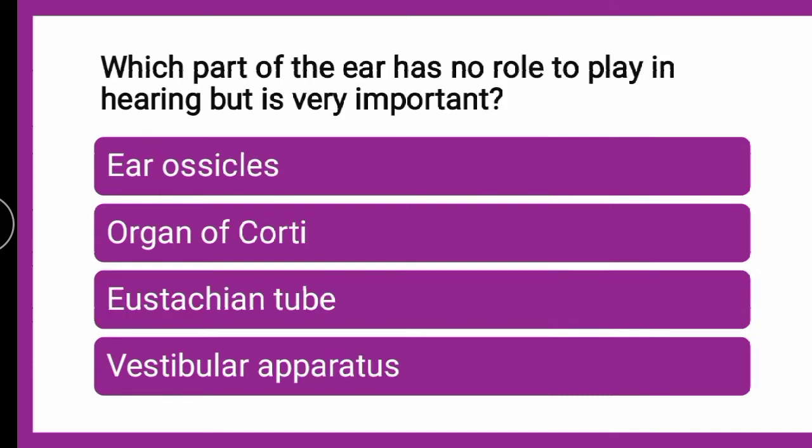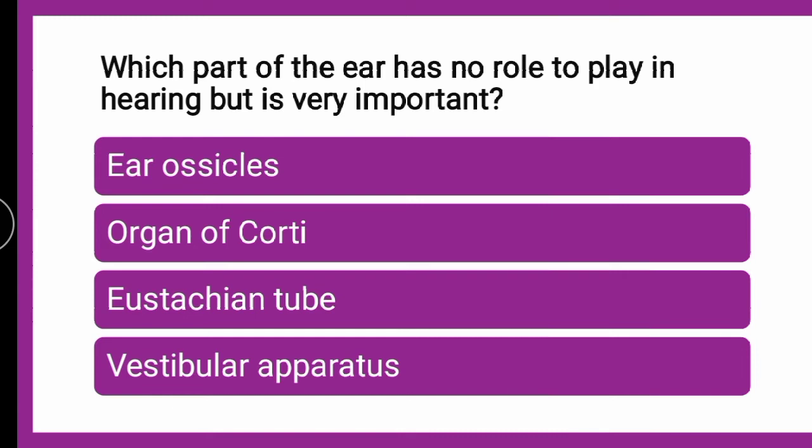Next question is, which part of the ear has no role to play in hearing but is very important? Is it the ear ossicle, organ of Corti, eustachian tube or vestibular apparatus? Which amongst the given is the correct answer?